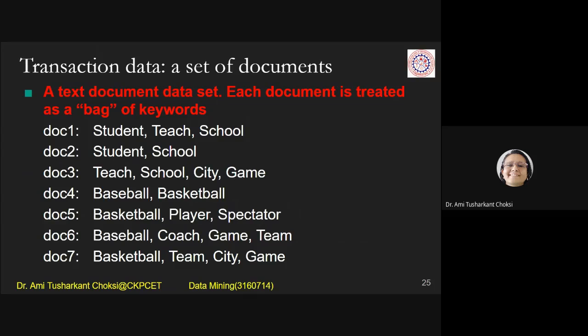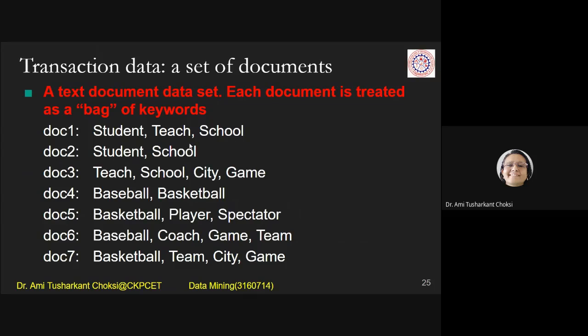So for that, we have a text document data set. Each document is treated as a bag of keywords. For example, for document 1 we have student, teach, school.